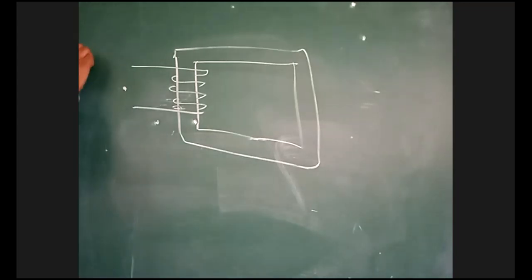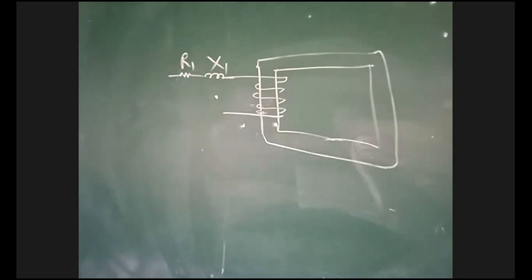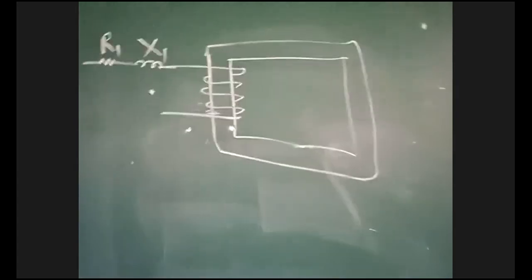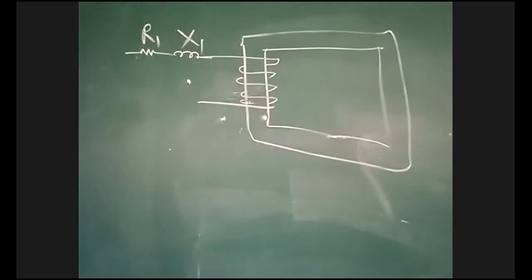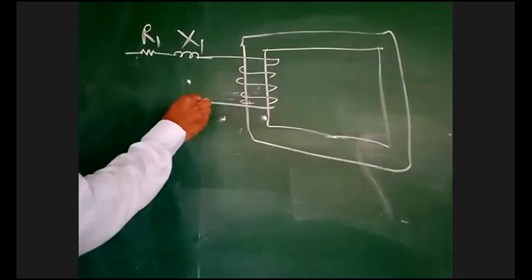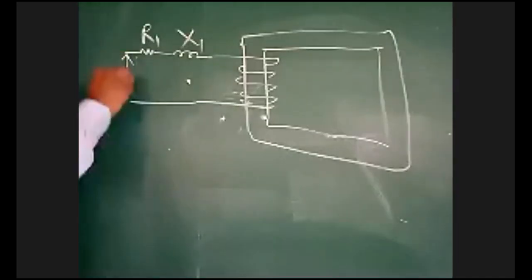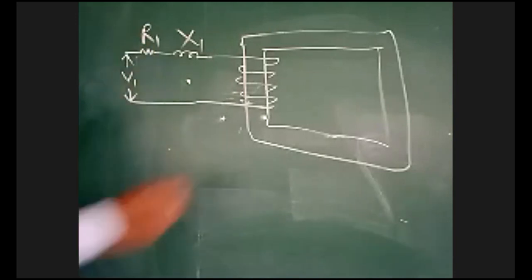Yes, sir. Okay. See, this is the primary winding. On the iron piece, we are winding the primary winding. R1 and X1 are the resistance and reactance of primary winding. V1 is the supply voltage.